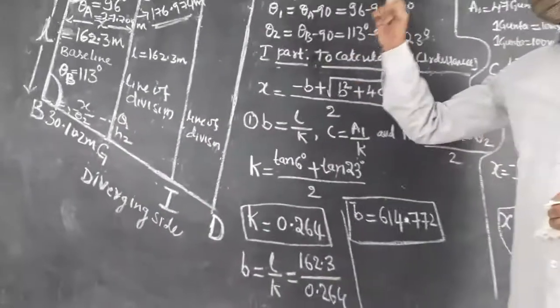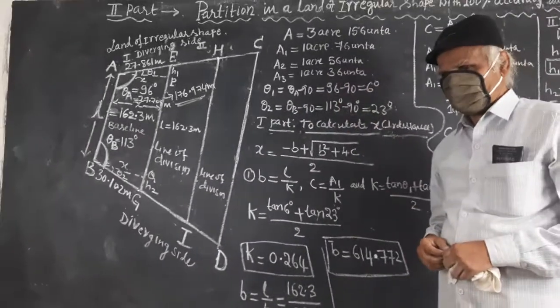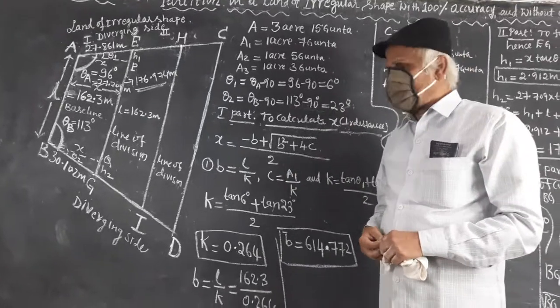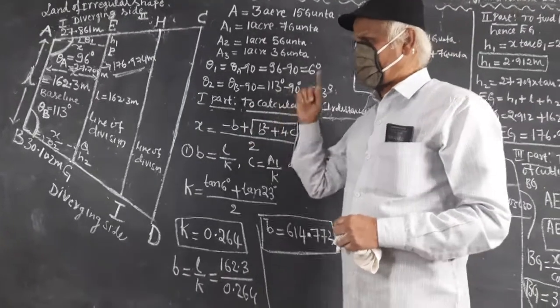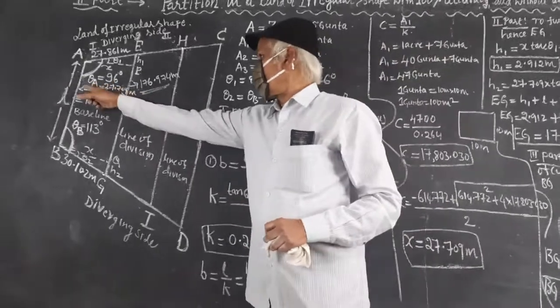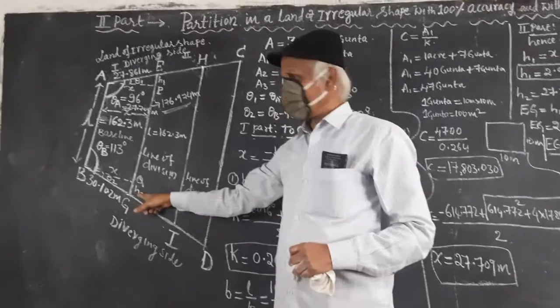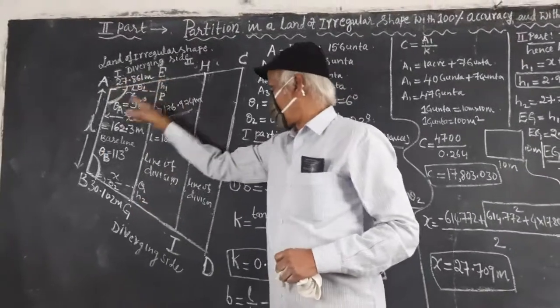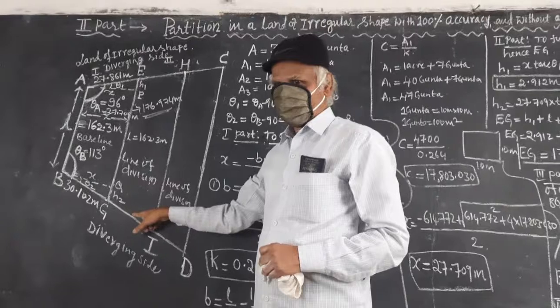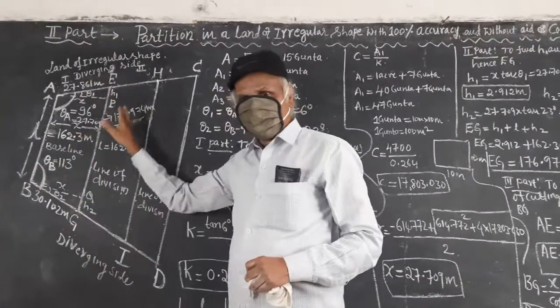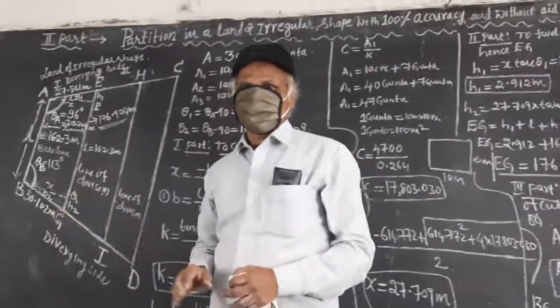So it is clear, using these formulae, one can accurately find the distance of line of division, the distance of cutting points and the length of all the sides of the boundary line.